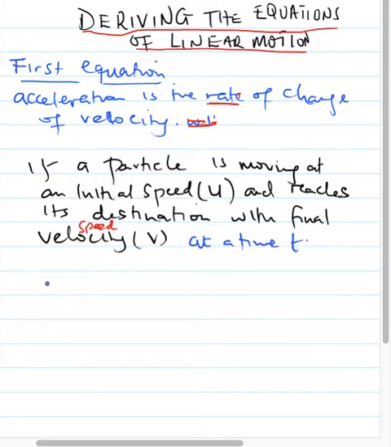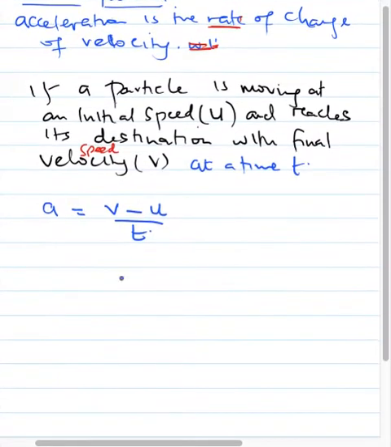So acceleration is the rate of change: final speed v minus initial speed u, over t. From this we can make v the subject by multiplying both sides by t.